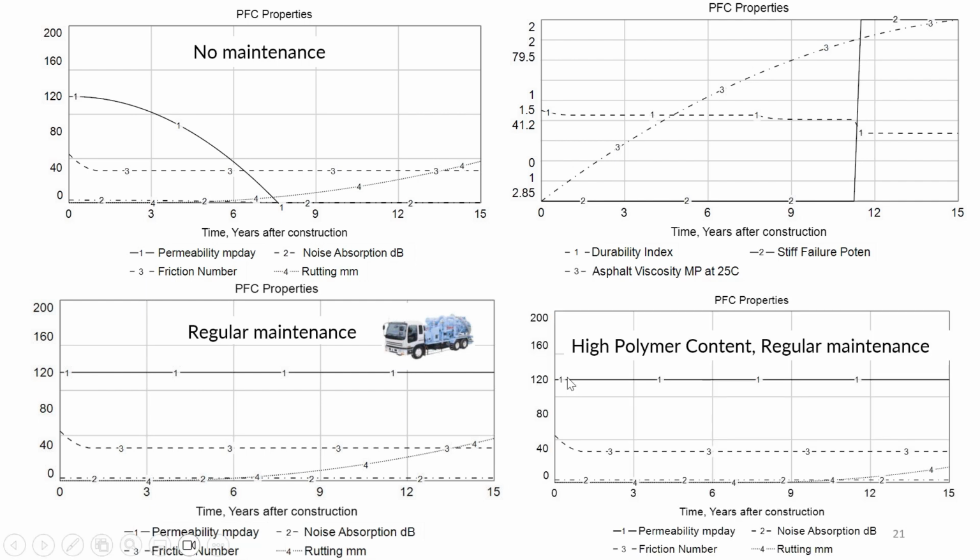At the same time, if I use high polymer content in my binder, I can see here that not only I have high permeability, but if you look at the rotting potential, it's quite low as opposed to these cases, right? So now I can design a system which has high permeability, good utility for draining the water, giving us safe pavements, and at the same time, not worry about stability because I'm using high polymer content and I'm getting a very stiff mix.